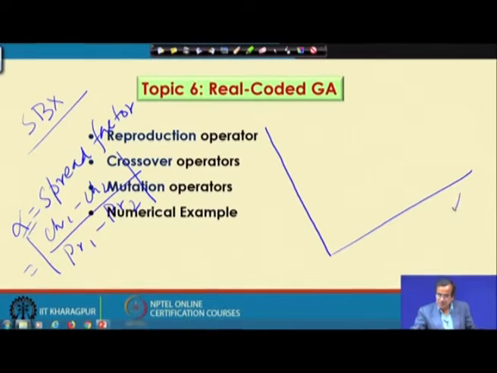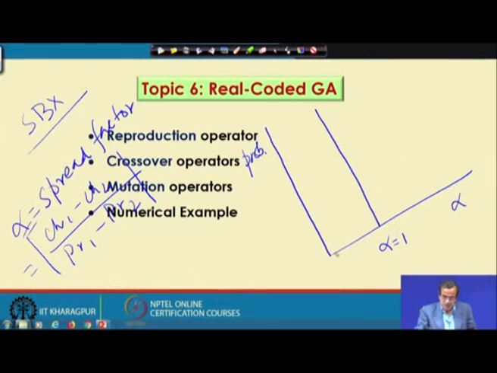If I plot the spread factor along this axis and the probability distribution function along this axis, then corresponding to a particular value of alpha, say alpha equals 1, we define some distribution, taking the help of some polynomial.